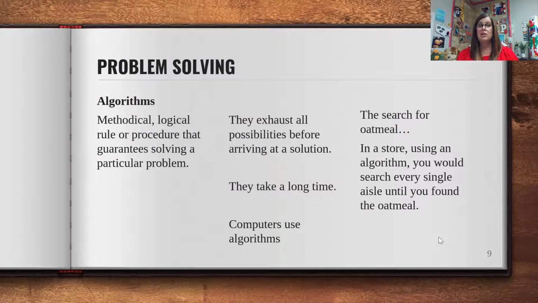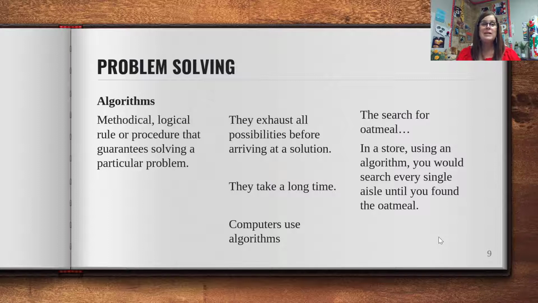So now let's take a look at problem solving. What do we do when we have a question to solve or a problem to solve? And the term algorithm needs to be considered as we look at problem solving. And we're not talking about a mathematical algorithm. It's nothing that difficult, or at least difficult for some of us.